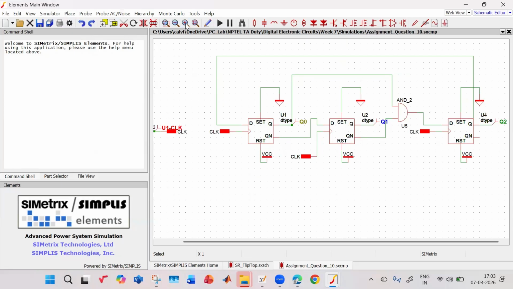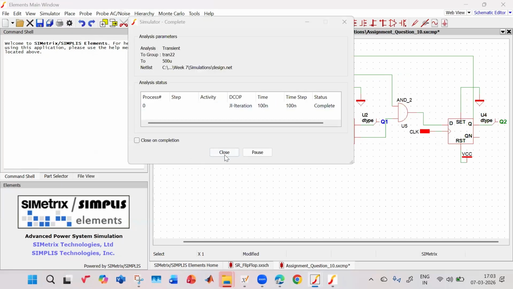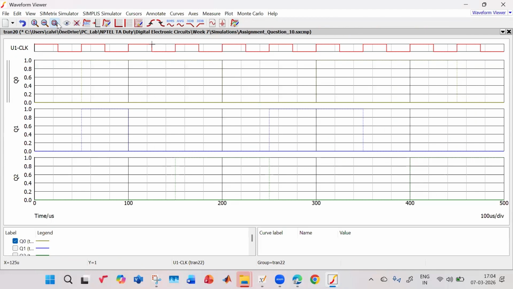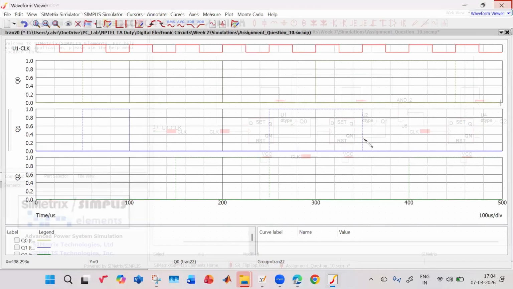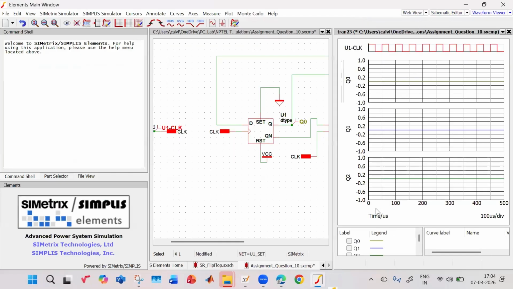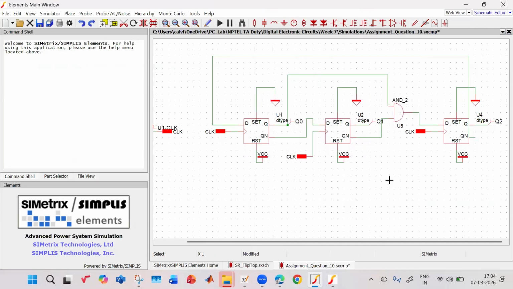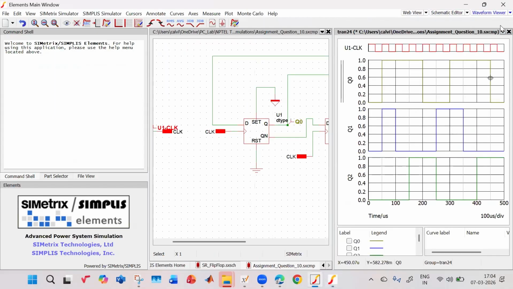Let us check now what is the initial condition. Everything is 0 in this case. If reset is high, then everything is 0. So that means we cannot have VCC. Let us do Control Z. So it is all being connected to ground, everything is starting from 0, 0.